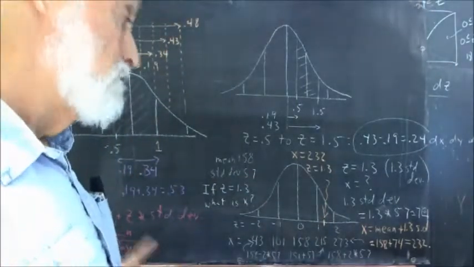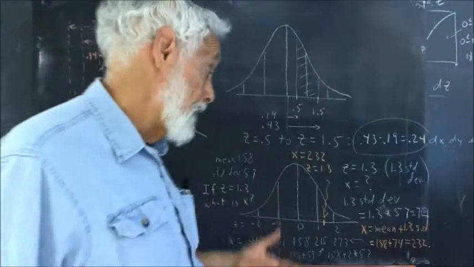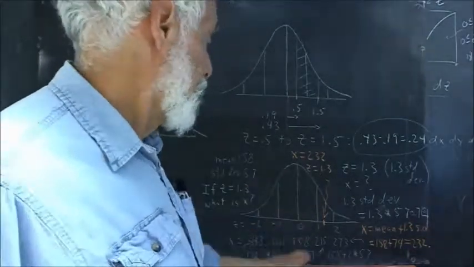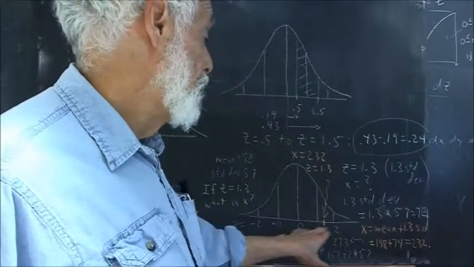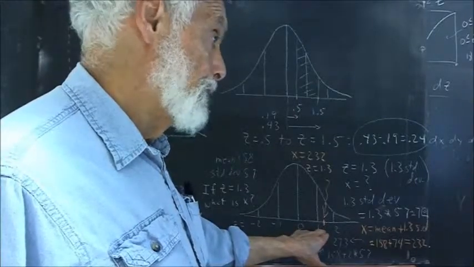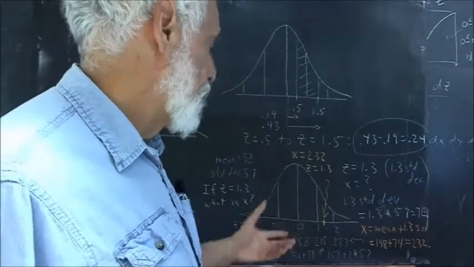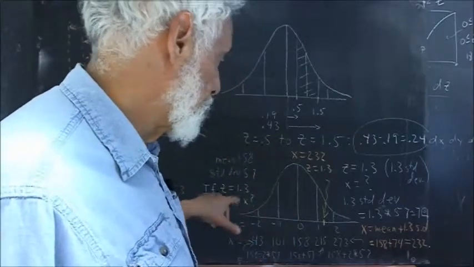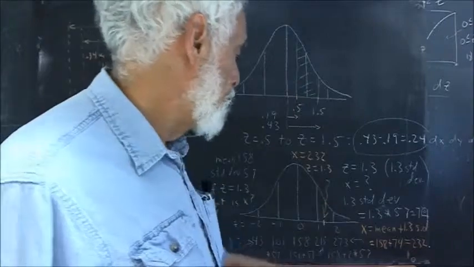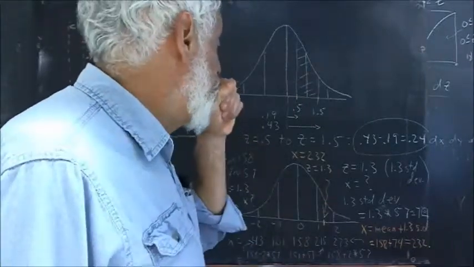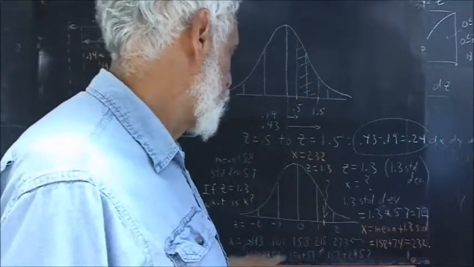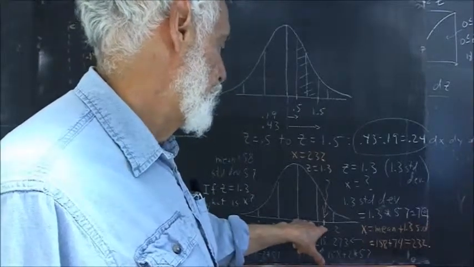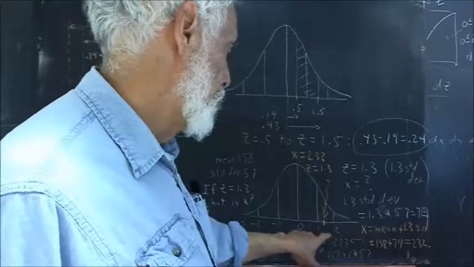And now we know, if we have a good z table, it'll tell us the area between 0 and z equals 1.3, which tells us what percent, or what proportion, depending whether you want to think proportion or percent, of our x values will lie between 0 and 1.3, or 0 and 232.